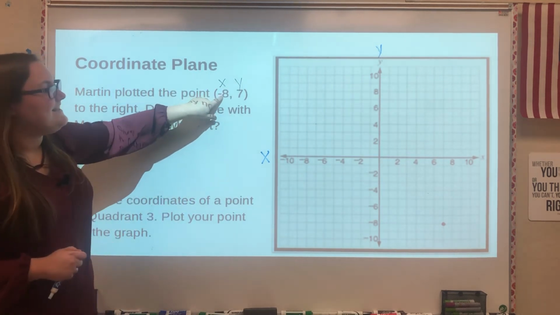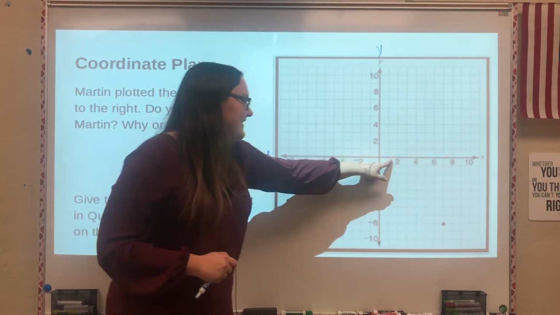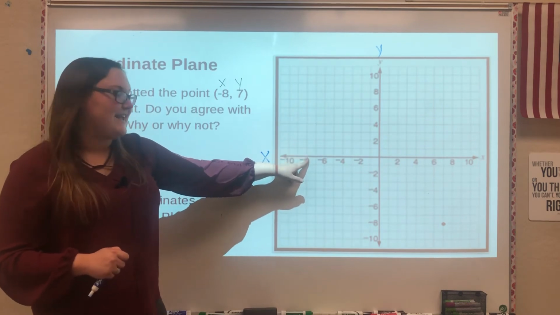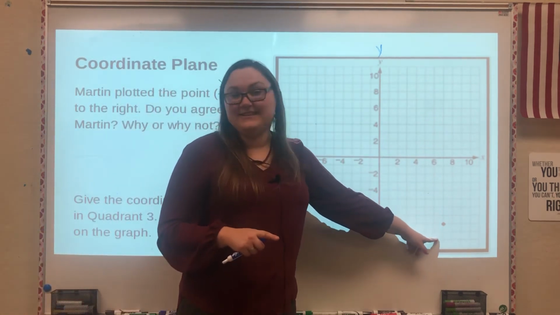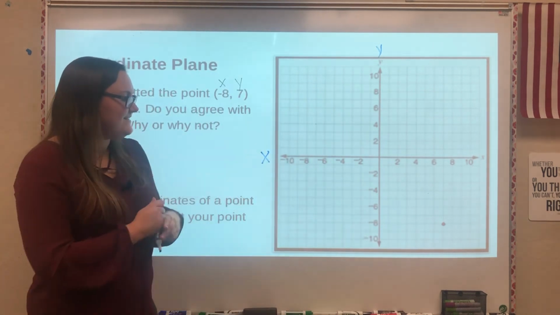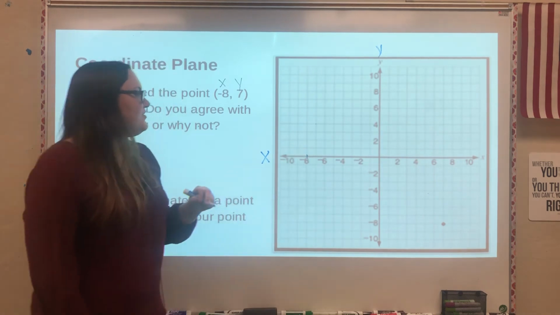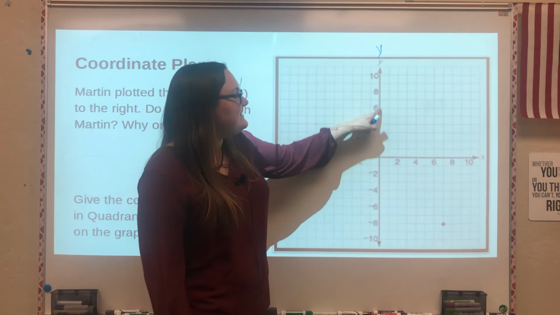If a point is at -8 on your x-axis, it means on this x-axis here, it should be over here on this side. That's where -8 is. So right away, I see this is not in the right spot because it should be over here. It should be at -8 on our x-axis, and then it should be at 7 on our y-axis. So this is my y-axis here.